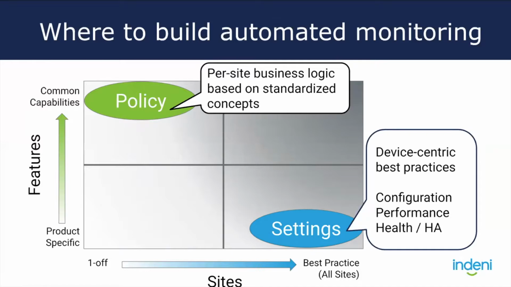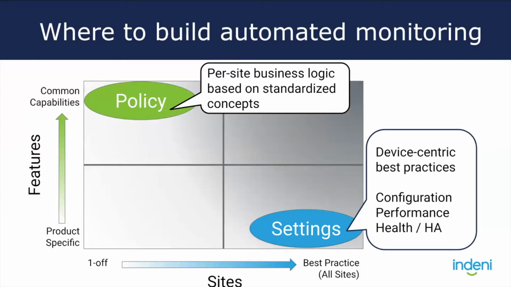Every single site has slightly different business logic that has to be applied to the traffic coming in and going out. That actually means that policy, even though it's a simple thing, possibly the simplest thing inside FortiGate these days to understand, is one of the hardest things to go through and do some automation or some monitoring around. Besides, everything around policy is already taken care of with FortiAnalyzer. So instead, let's take a look at the settings.